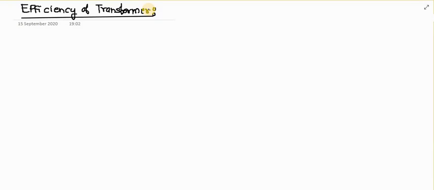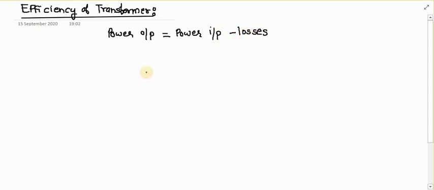Among all the machines that we are using in the power system, the transformer is the most efficient machine, right? Due to various losses, the power output of the transformer is always less than the corresponding power input to the transformer. So the power output for any machine can be written as power input minus losses in the machine. We have seen what the various losses in the transformer are.